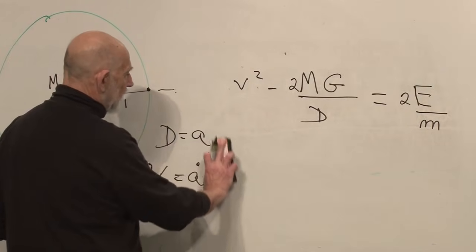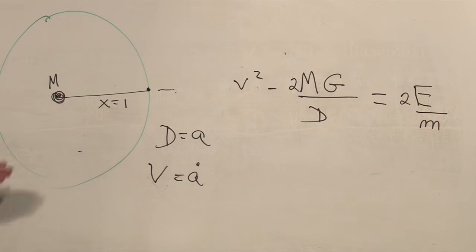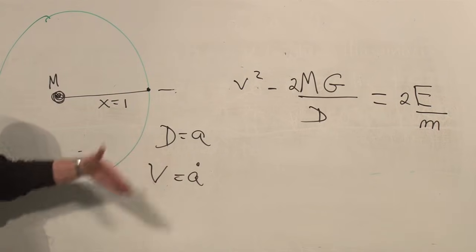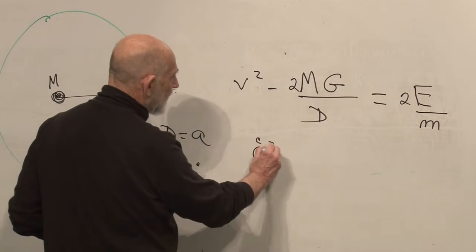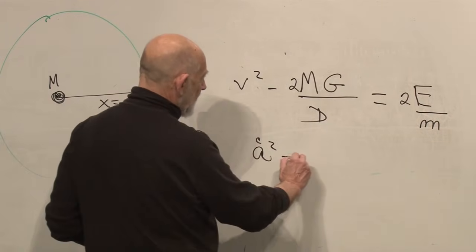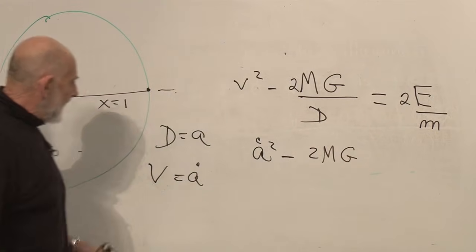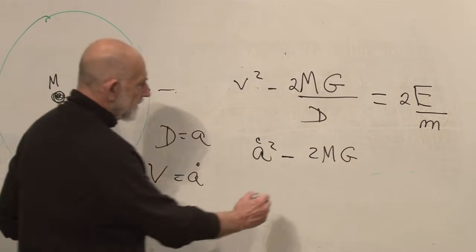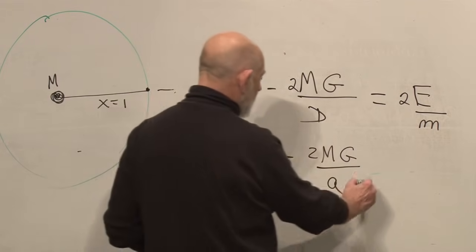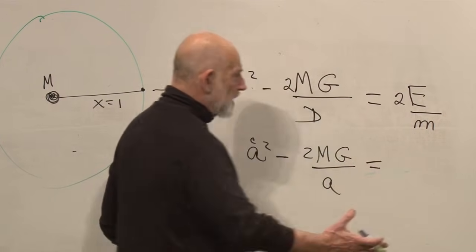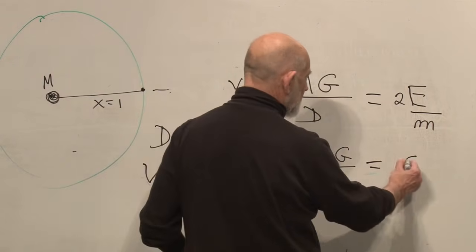The distance of the galaxy is just a scale factor a. It's called a scale factor. And its velocity is just a dot. So let's plug it in here. This just says a dot squared minus 2mG over d, and d is a, is equal to some constant. Now I'm just going to call it c, constant on the right-hand side.